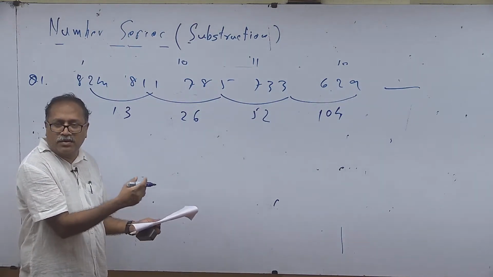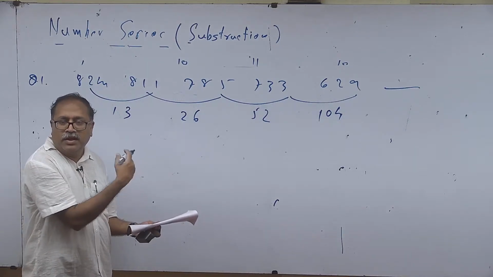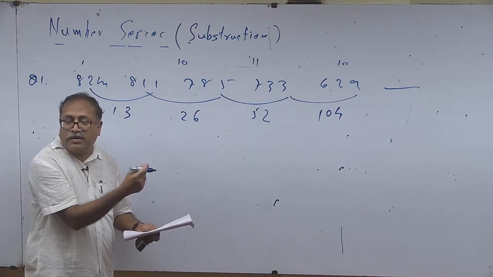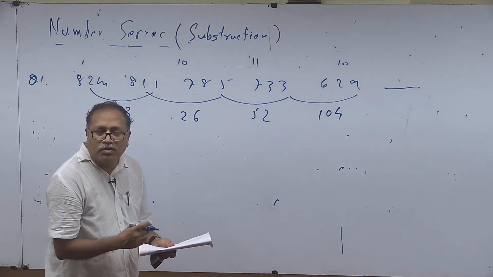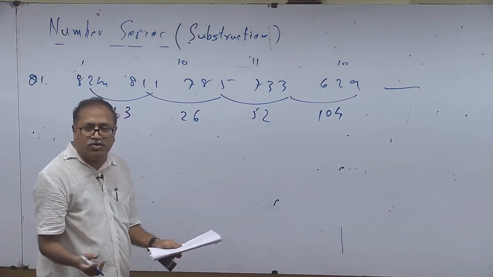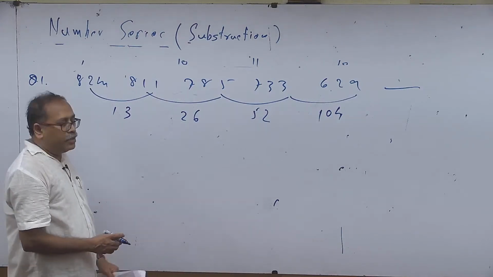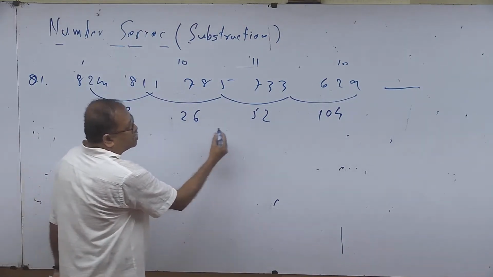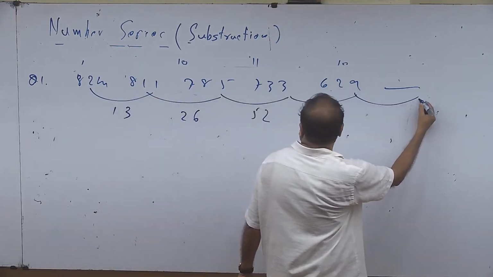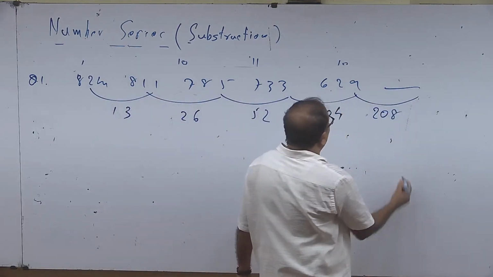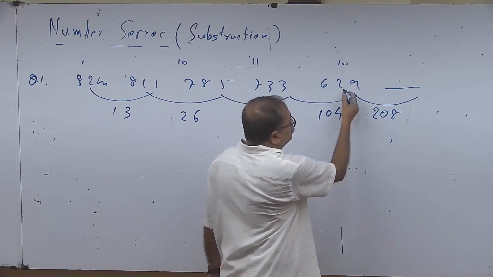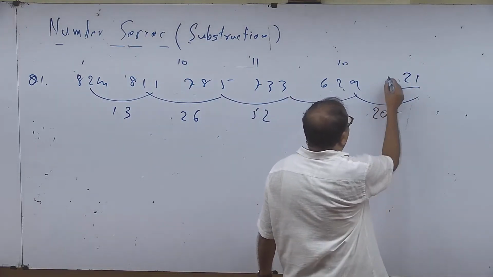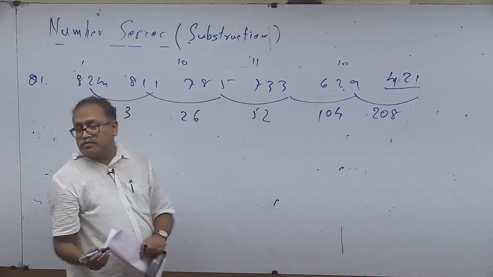Sometimes you find the first difference is into 0.5, the second into 1, the next difference into 1.5, then into 2, into 2.5, into 3, and so many other relations will come in the actual exam questions. So that is what the next difference should be. So we will double the number here, that is 208, and we are subtracting it. So 629 minus 208, which is 421.